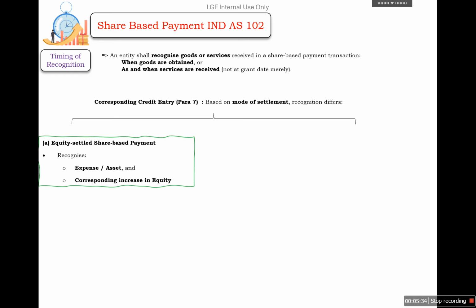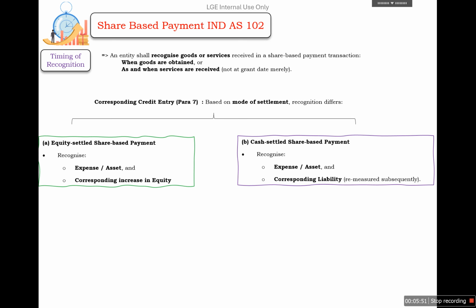For example, in case of an equity settled share-based payment, we need to recognize expense or assets as the case may be, and correspondingly we need to increase the equity. In case of a cash settled share-based payment, the debit side will be the same: we need to recognize expense or the asset based on the nature of the transaction, and correspondingly book a liability.